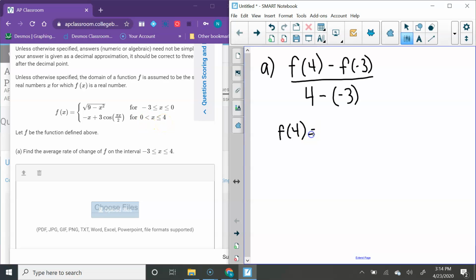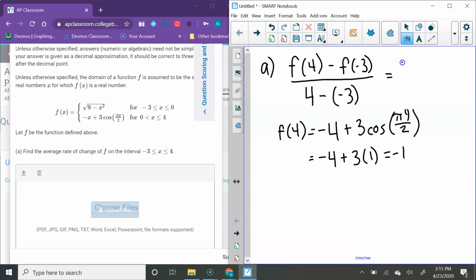So we would have -4 plus 3 cosine of pi times 4 over 2. And 4 divided by 2 is 2, so that's cosine of 2 pi. And cosine of 2 pi on the unit circle is 1. So you're going to have -4 plus 3 times 1. And so you're just going to get -1 for that.